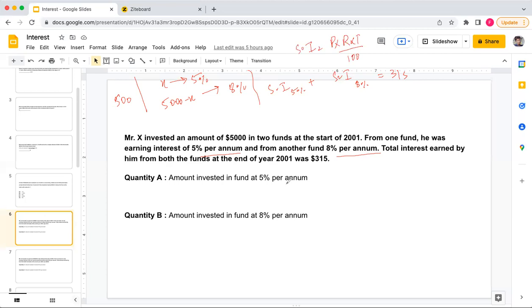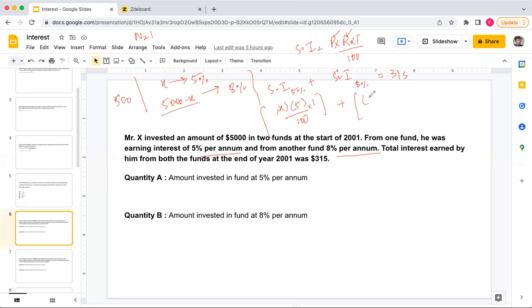In our scenario, the time period is 1 year, right? And we are given the rate of interest and we already know the principal amount. So the first value will be X, the investment for 5%, into 5 divided by 100, and the year is 1. Plus what is the investment for 8%?